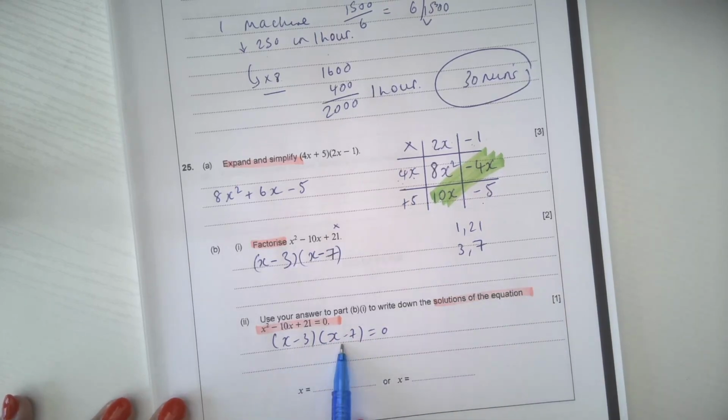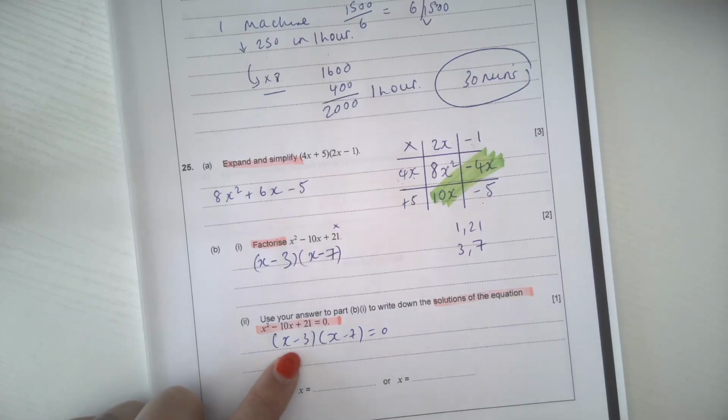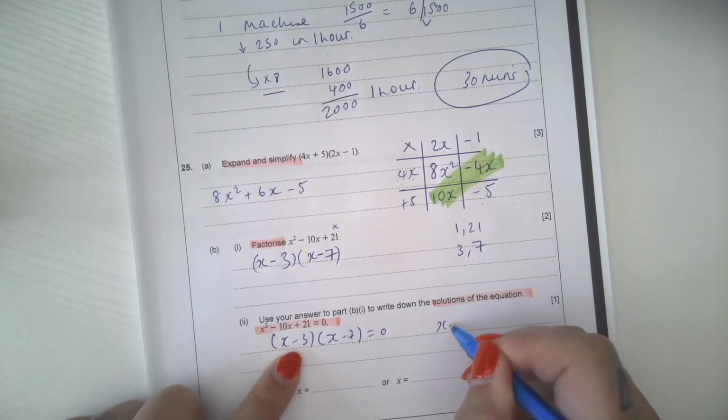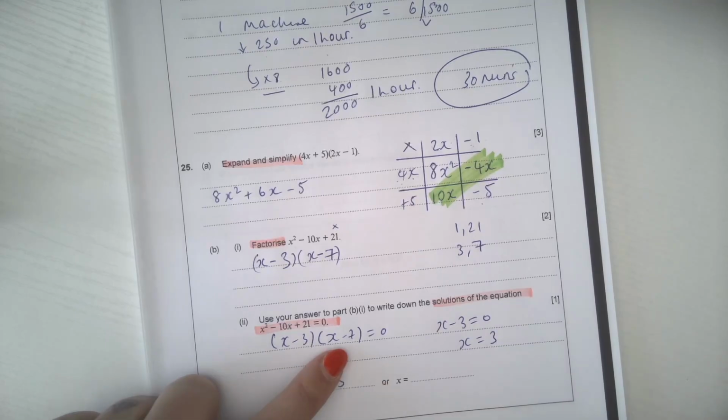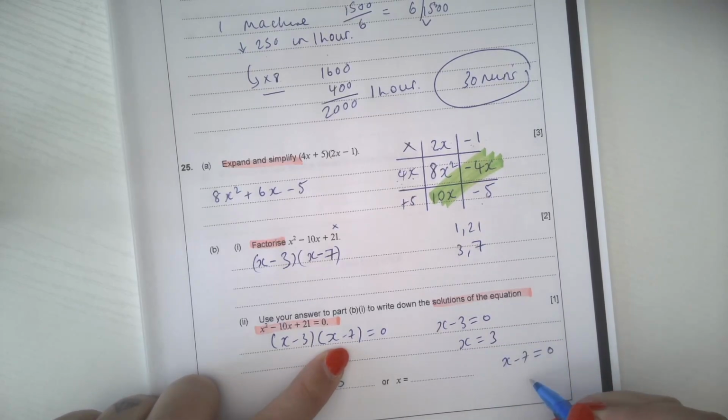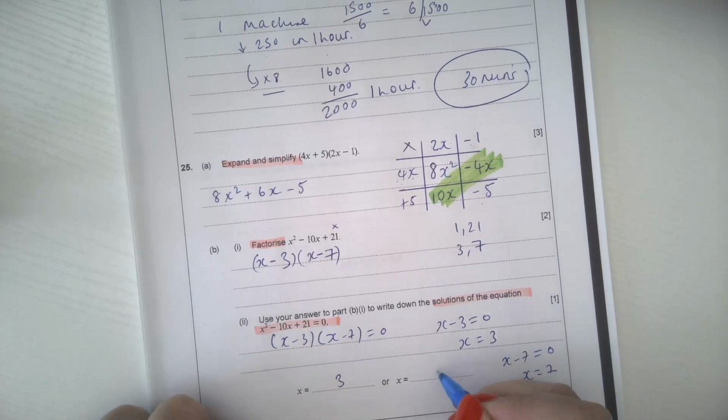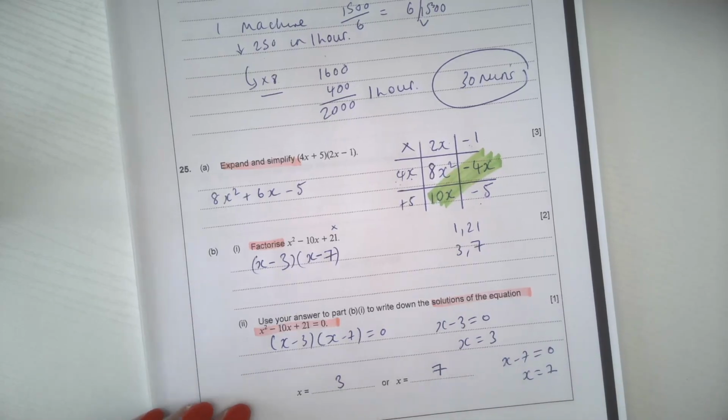For it to be equal to 0, these brackets being multiplied together, each bracket must equal 0 at some point. So if x minus 3 equals 0, we can solve that for x equals 3. If x minus 7 equals 0, we can solve that for x equals 7. And that's our solutions.